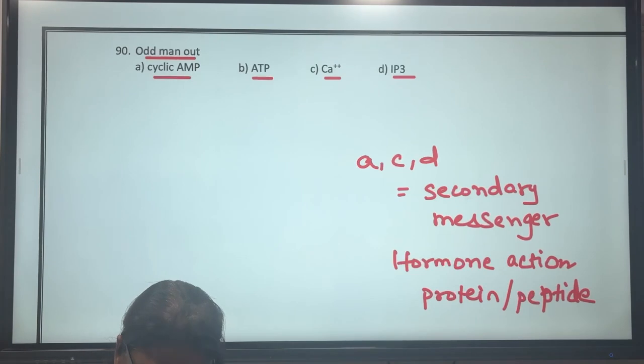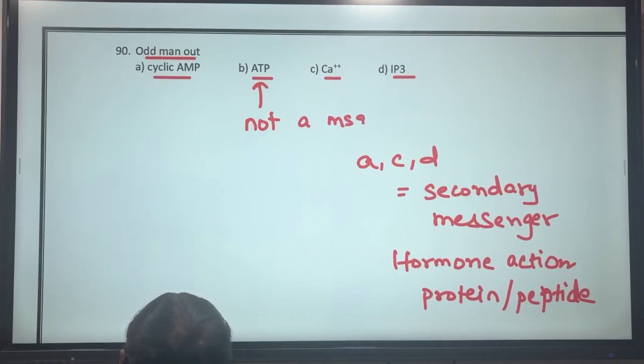So the only one which is not a messenger is ATP. So answer is option B. B is the odd one out.